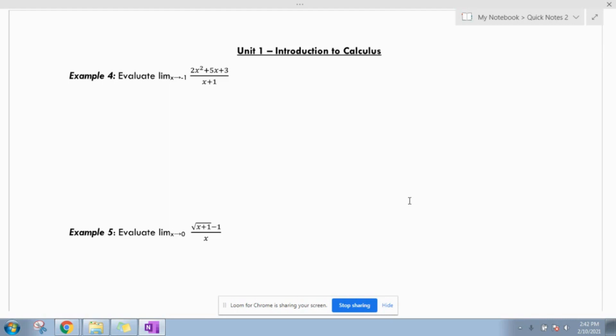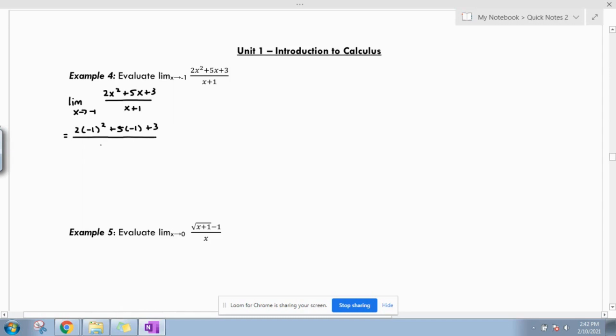So if I do my work on the side here, I'm going to do the limit as x approaches -1 for 2x squared plus 5x plus 3 all over x plus 1. So I'm going to do 2 times -1 squared plus 5 times negative 1 plus 3 all over negative 1 plus 1.